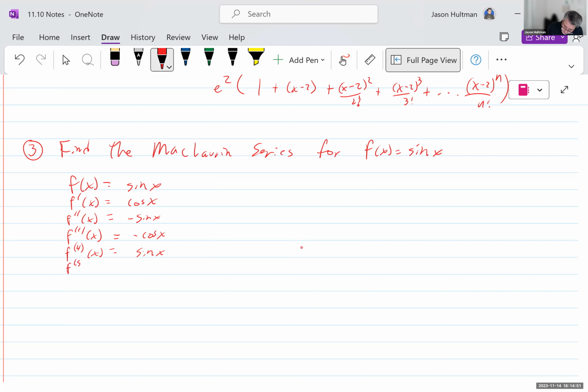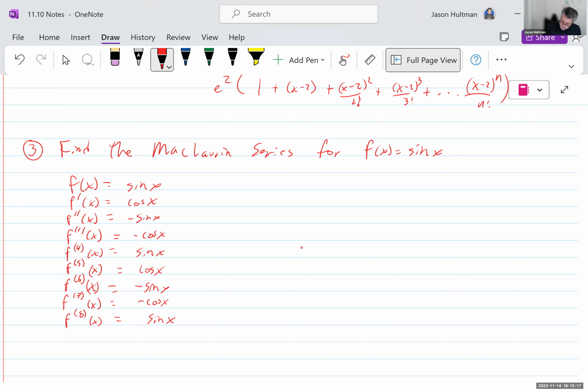And then the fifth derivative is cosine x. The sixth derivative is negative sine x. The seventh derivative is negative cosine x. And the eighth derivative, we're back to sine x.